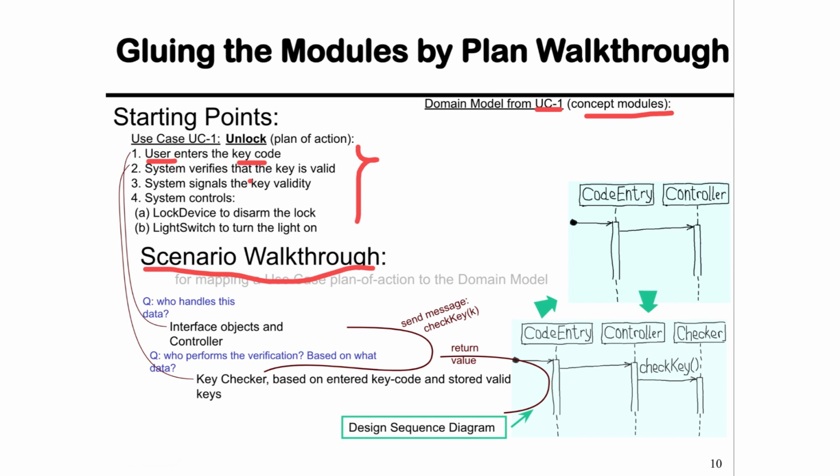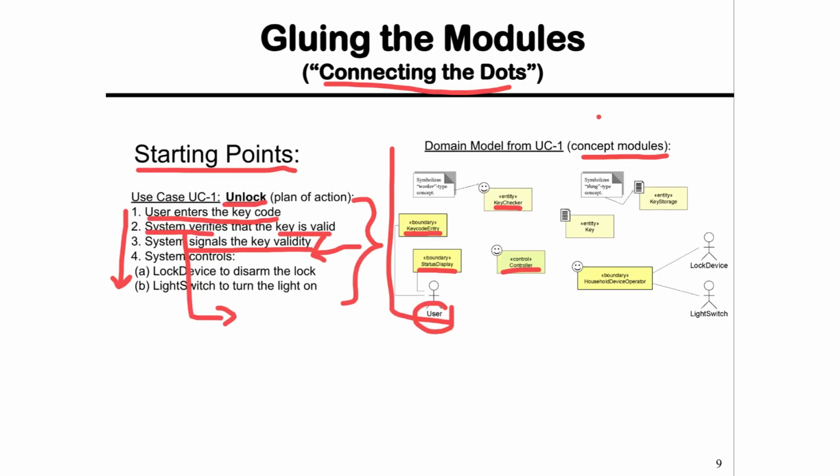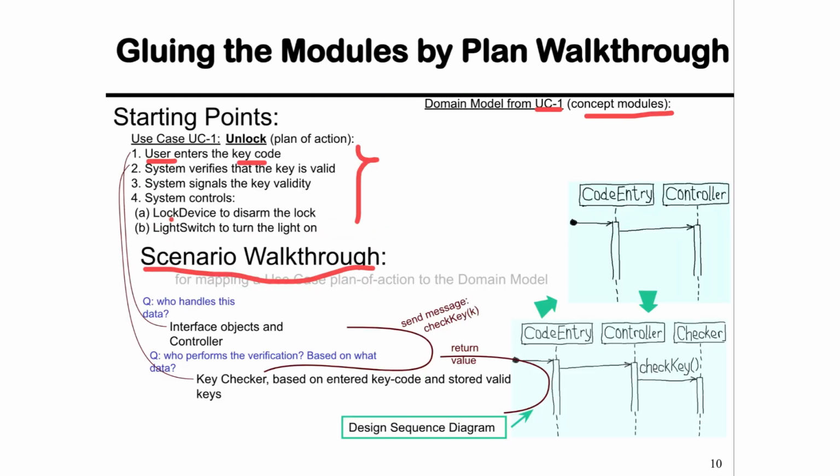So in addition to that, in the domain modeling or concept module generation phase, we identified some boundary objects, right? Interfacing objects like key code entry and status display in relation to the first two actions of use case one. So for that purpose, this question, who handles this data, can be answered with interface objects and controller.